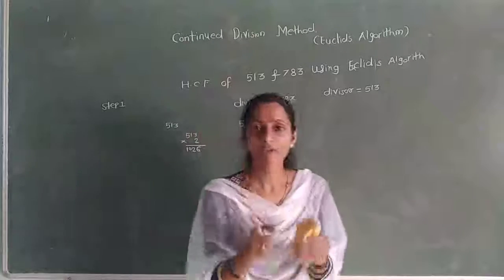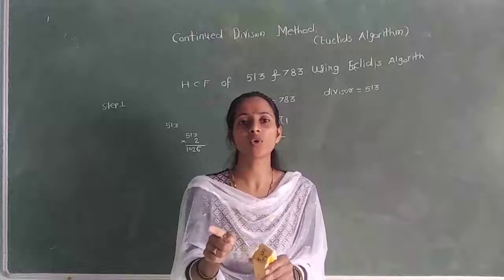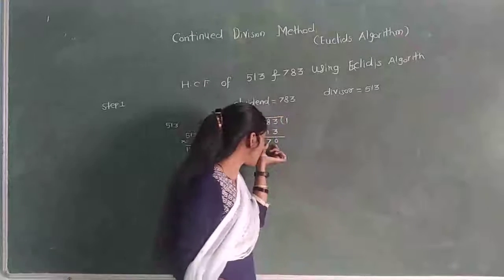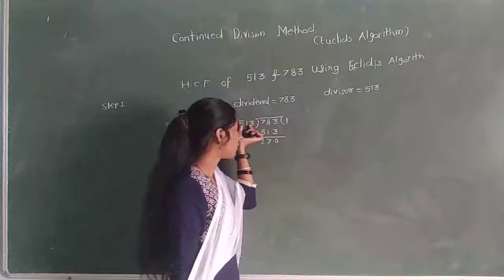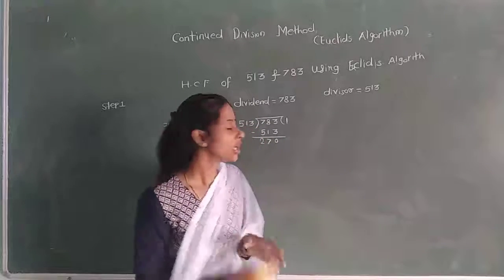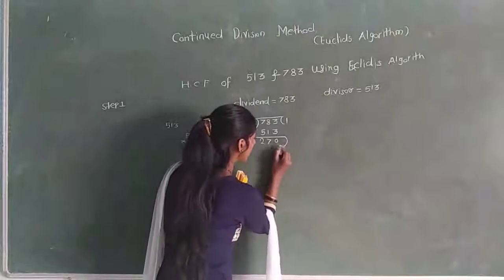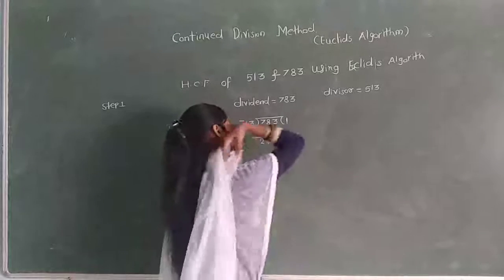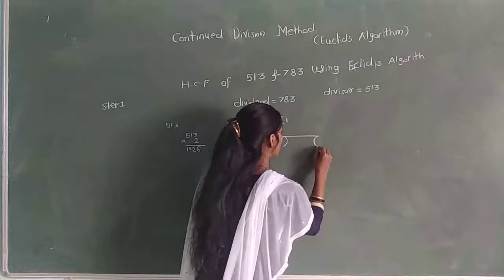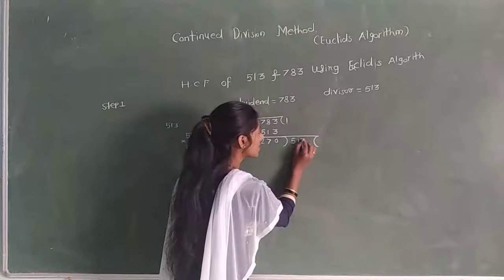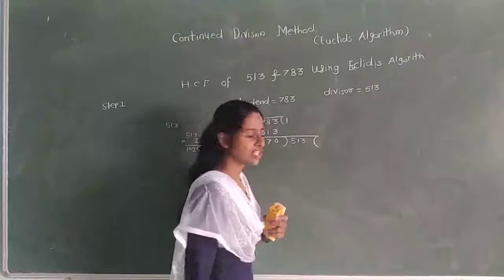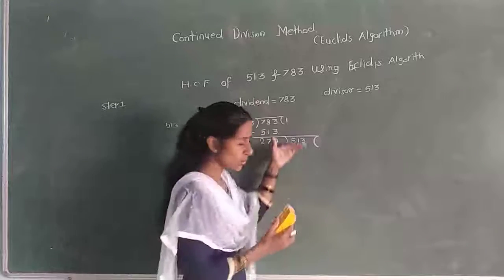If the remainder is not 0, then take the remainder as the divisor and the divisor as the dividend. Now continue this procedure.